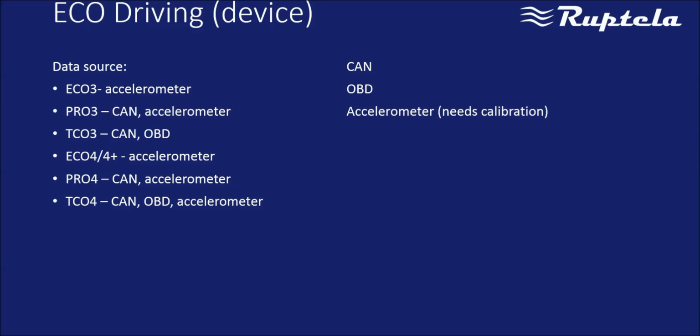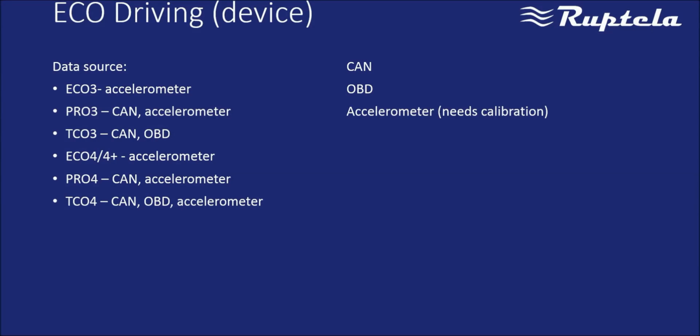For example, the Eco 3 can only get data from the accelerometer, Pro 3 can get it from the accelerometer and also CAN, and TCO can get data from CAN bus and OBD. The same goes for our fourth generation. Eco 4 and 4 Plus can get data from the accelerometer, Pro 4 from CAN bus and accelerometer, and TCO supports all of them: CAN bus, OBD and accelerometer.